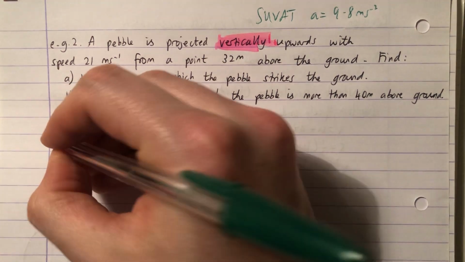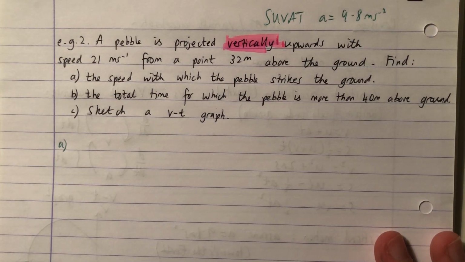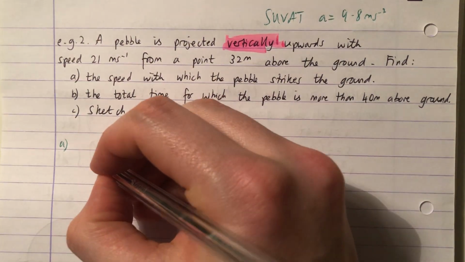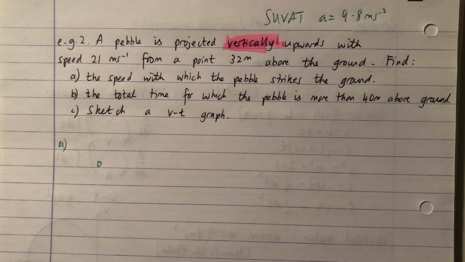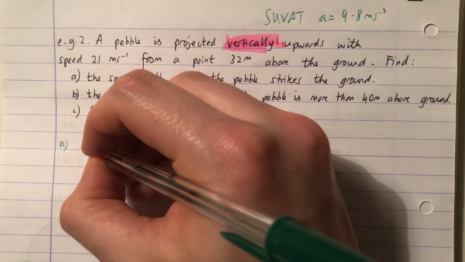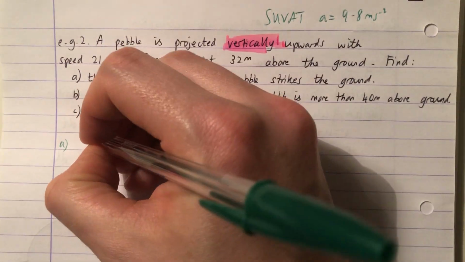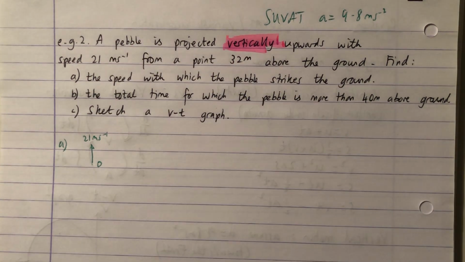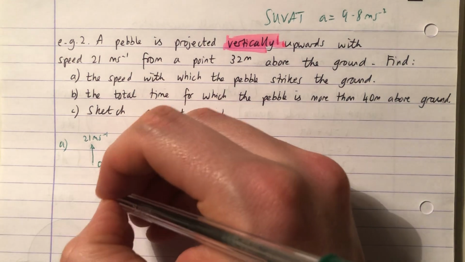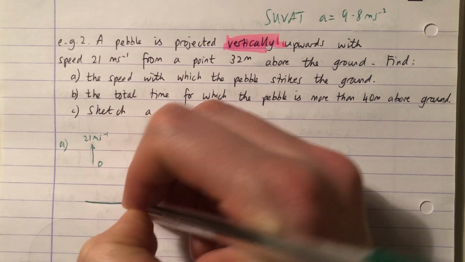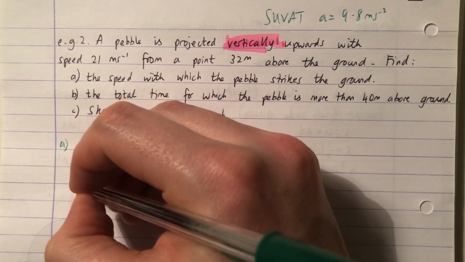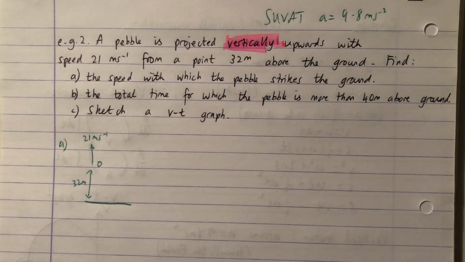So part A, we have a pebble. It's being projected upwards with a speed 21 meters per second, and it's at a point which is 32 meters above the ground, so the ground is there, and that distance there is 32 meters.